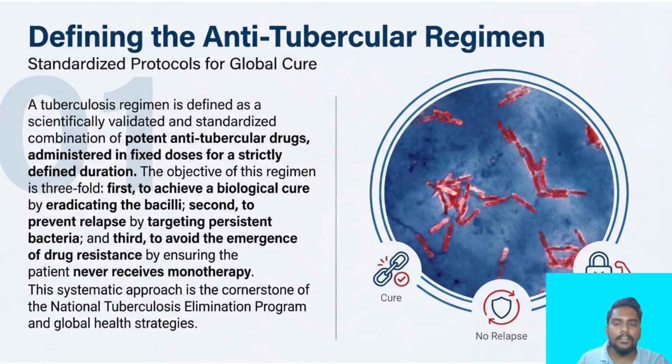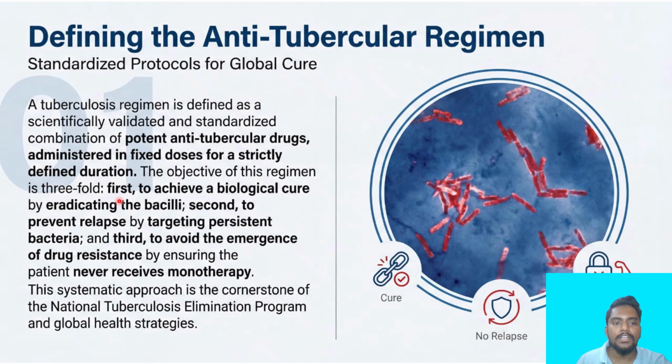So the anti-tubercular regimen is actually defined as a standardized combination of potent anti-tubercular drugs administered in fixed doses for a fixed, defined duration. Now the objective of this regimen is threefold. First, we have to achieve the cure.